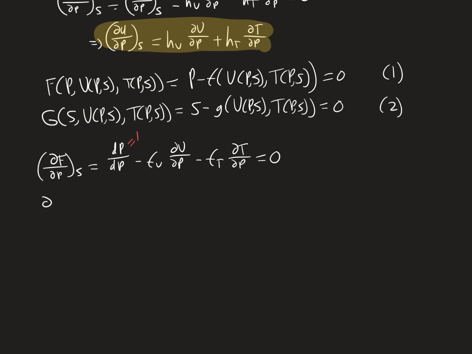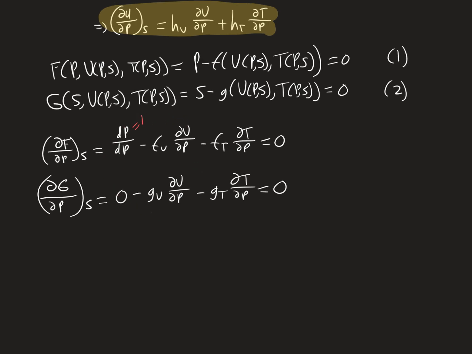And for the second equation, we get ∂G/∂p, where we keep s constant, is equal to, well, ∂s/∂p, which is 0 because we keep s constant. So we get a 0 over here, minus g_v ∂v/∂p minus g_t ∂t/∂p, also equal to 0. Now we will use these two equations to first find an expression for ∂t/∂p.